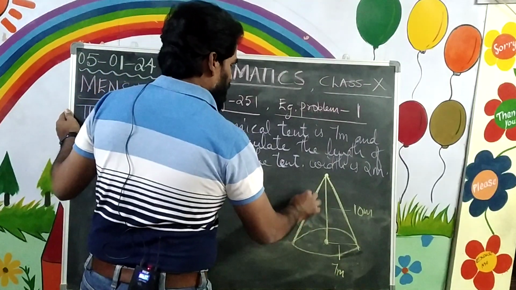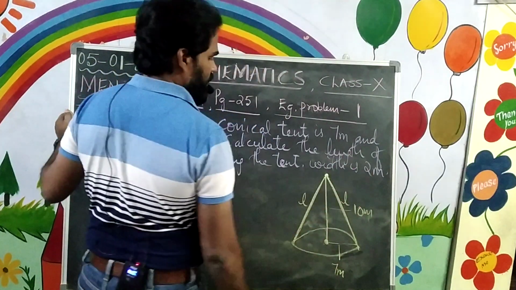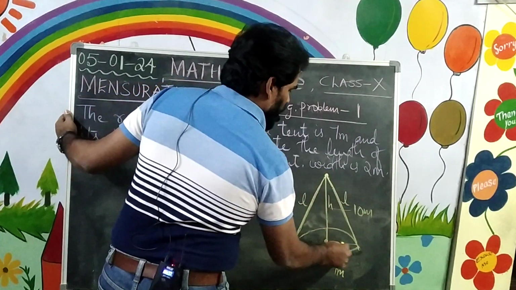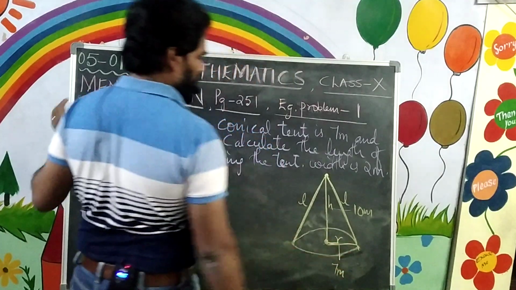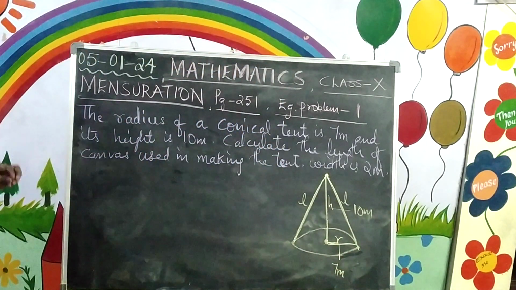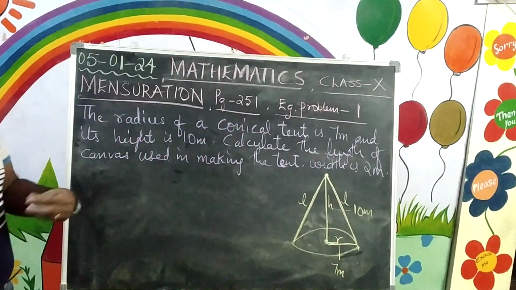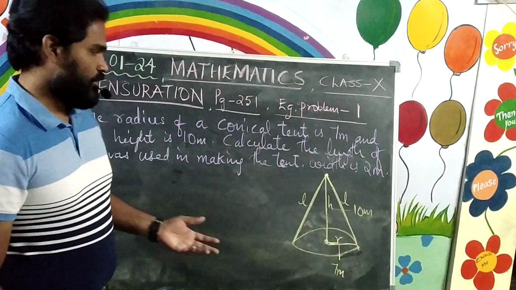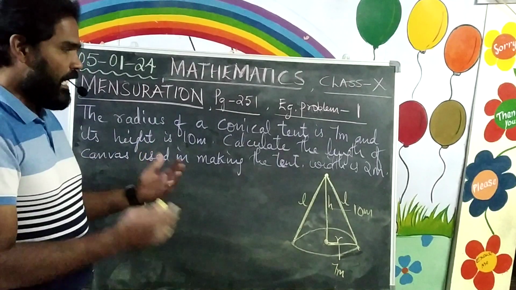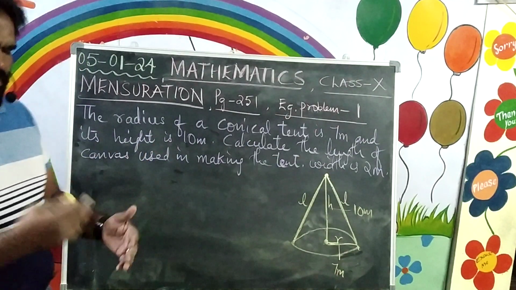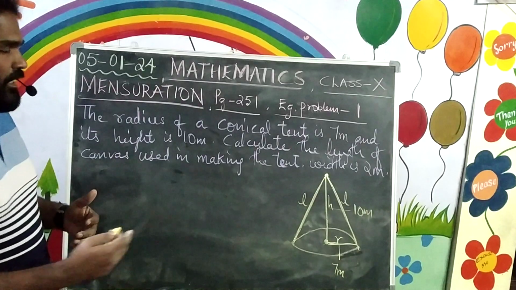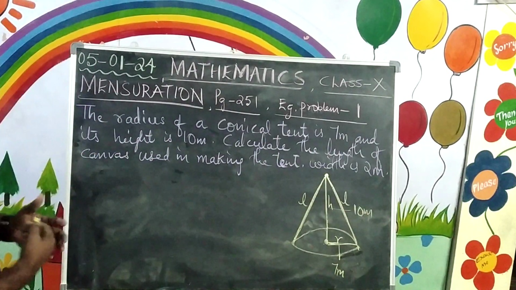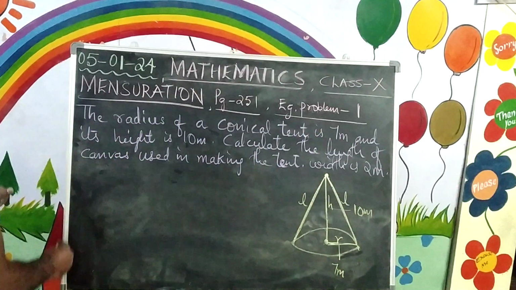The slant height is represented by the letter L. The middle center line is represented by H and the bottom radius is represented by R. These three are important representations to find out one when the other two are given. If H is given, we can find L and R. If for example R is given, you can find L and H. If for example H and R is given, you can find L. So all three are important notations.